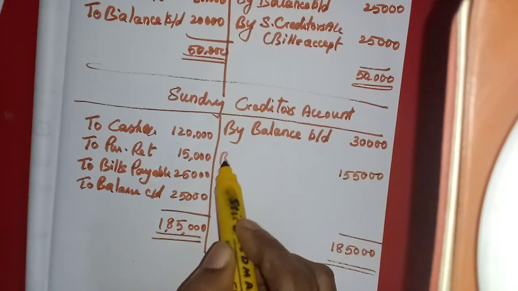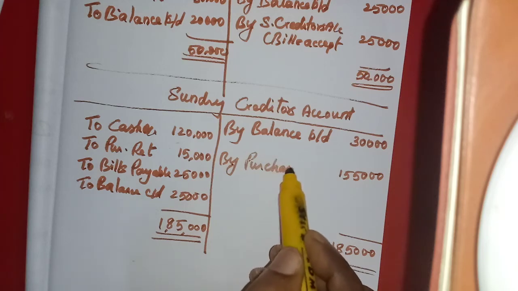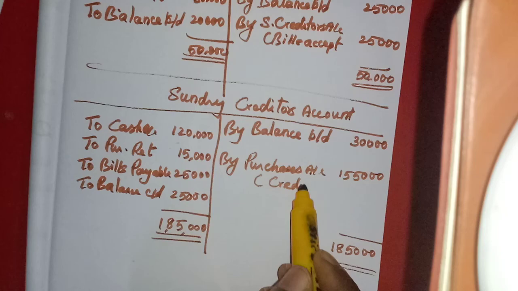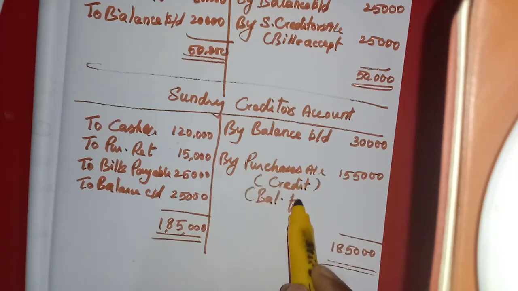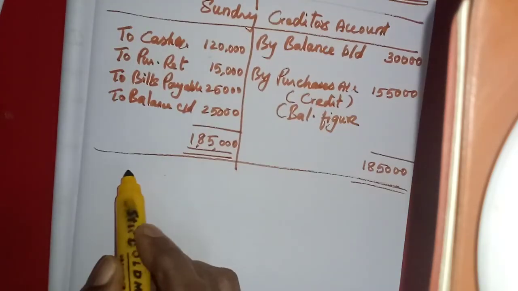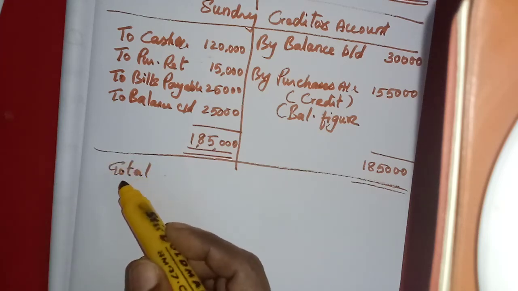So by purchases, balance credit, bracket credit, then again balancing figure. We have got the credit purchases. Now we have to calculate the total purchases. That is the question: calculate total purchases.